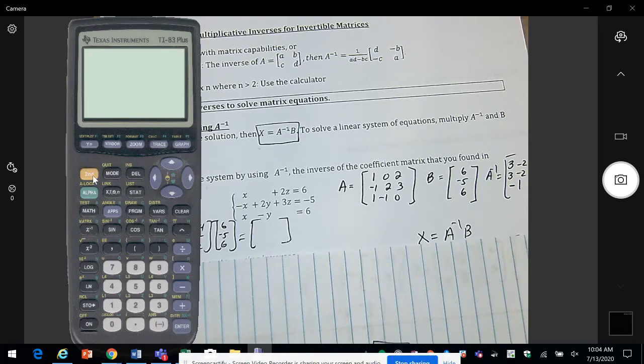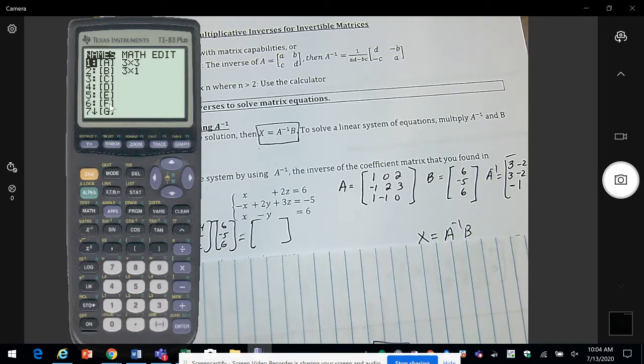So first thing I want to do is enter my matrix B. And I'm going to go ahead and edit matrix B. And this matrix B is a 3 by 1. And the numbers are 6, -5, and 6. So both matrices are in here.